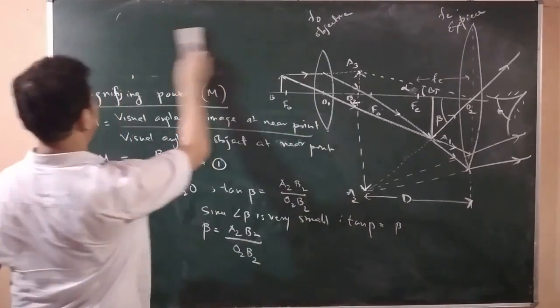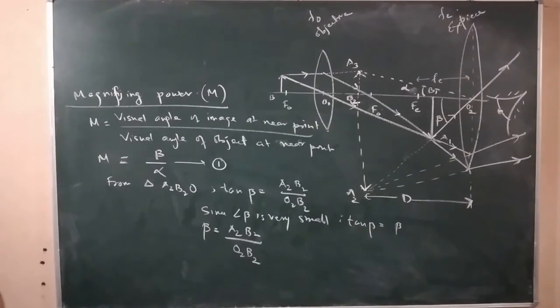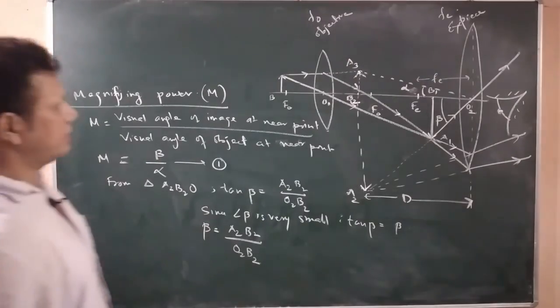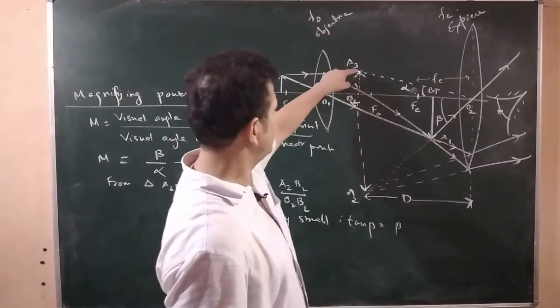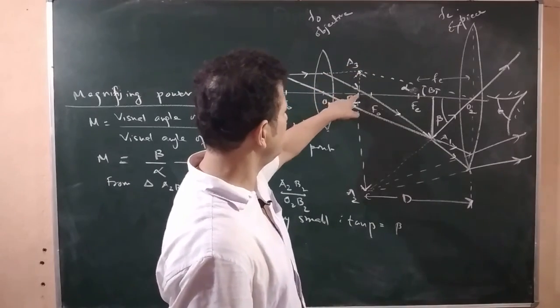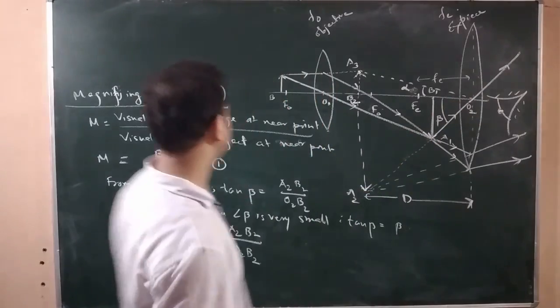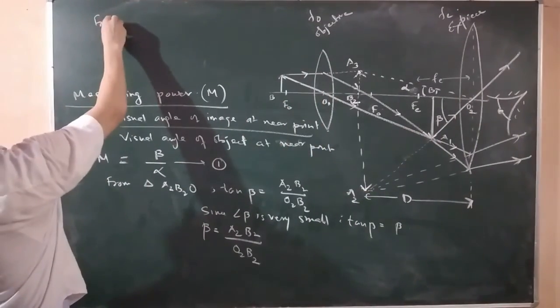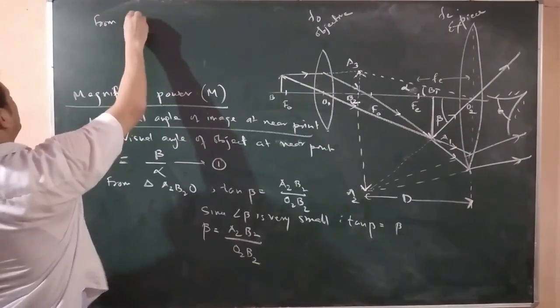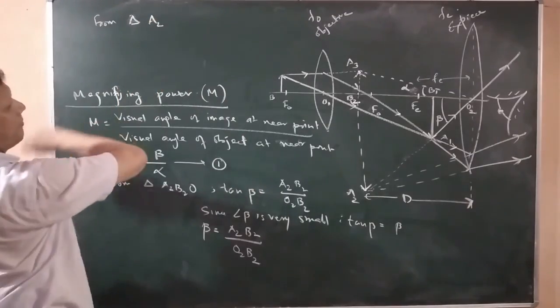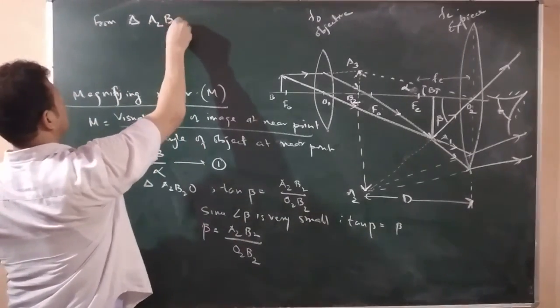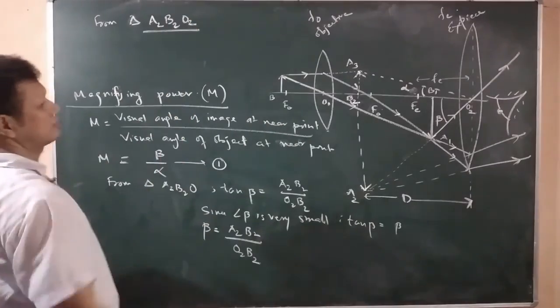Next, you have to find out alpha. To find alpha we take another right angle triangle, A3 B2 O2. This is also a right angle triangle.